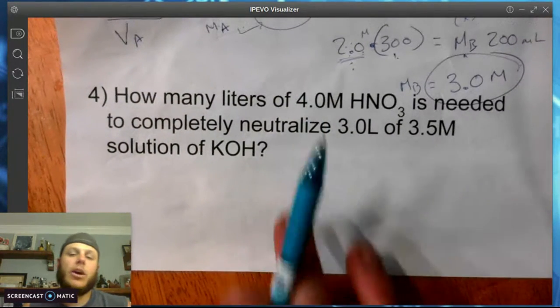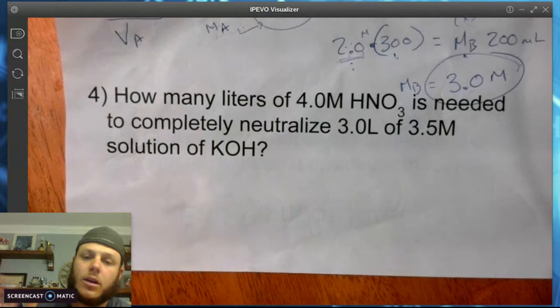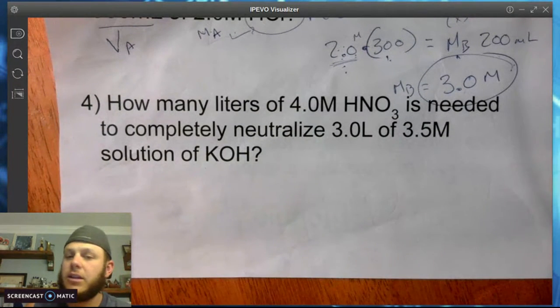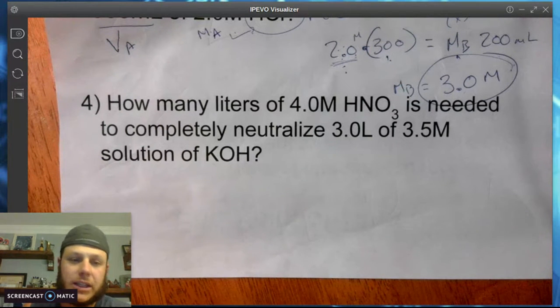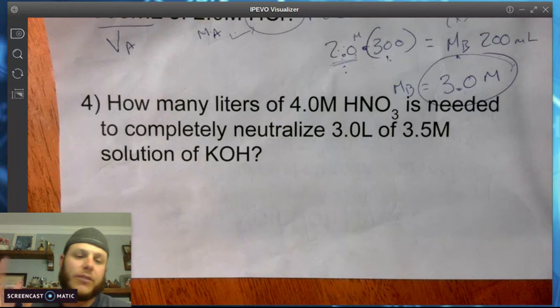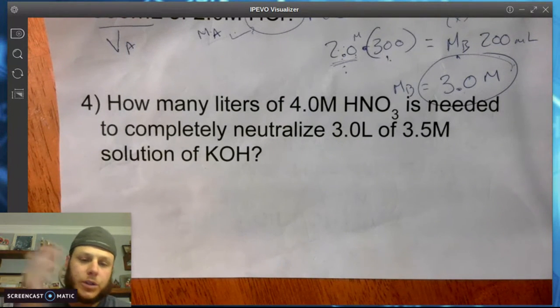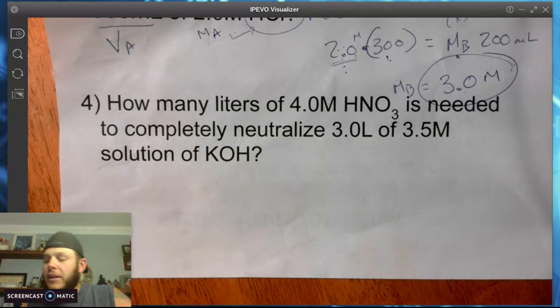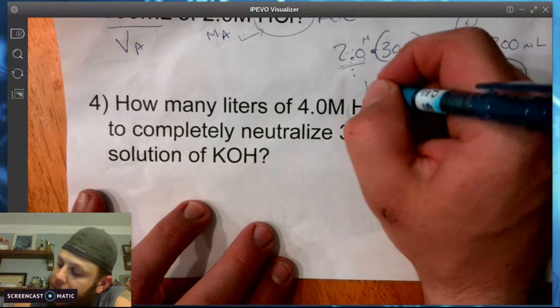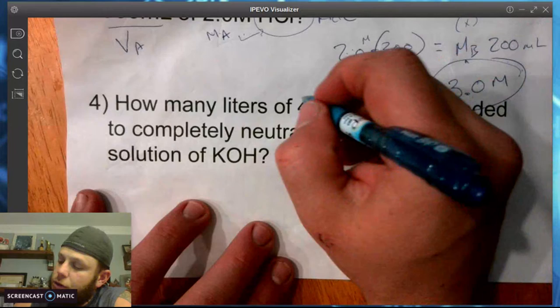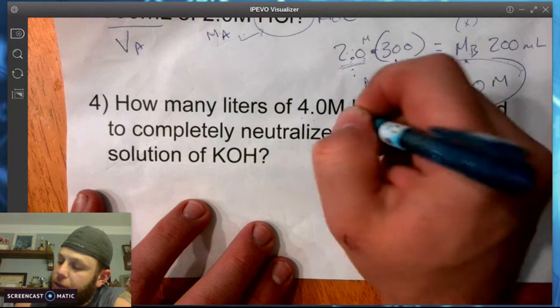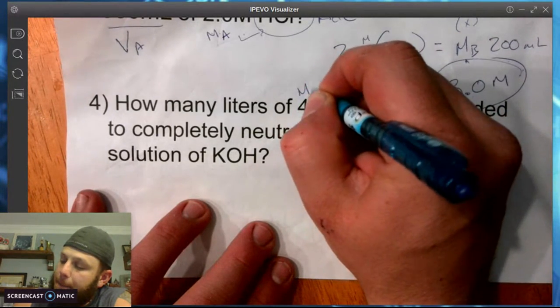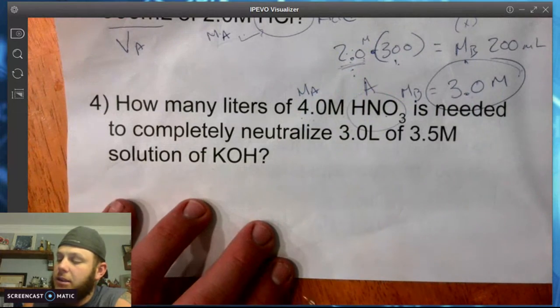Last one, and then you'll be off practicing and doing some online labs. How many liters of a 4.0 molar HNO3 solution is needed to completely neutralize 3.0 liters of a 3.5 molar solution of KOH? Identify what we got. HNO3 is my acid, so 4.0 is the molarity of my acid.